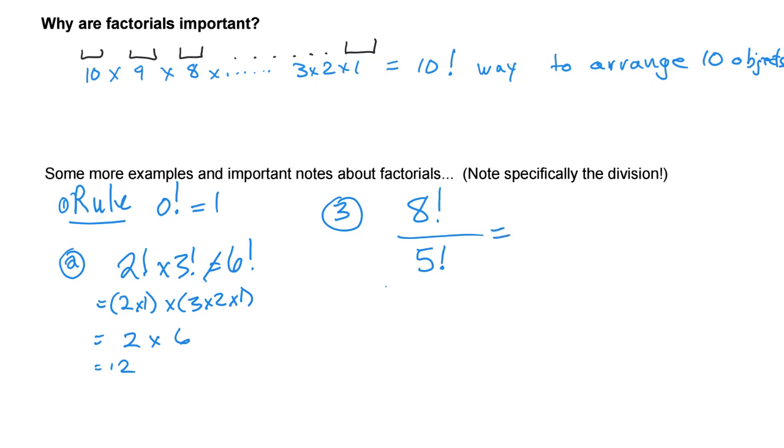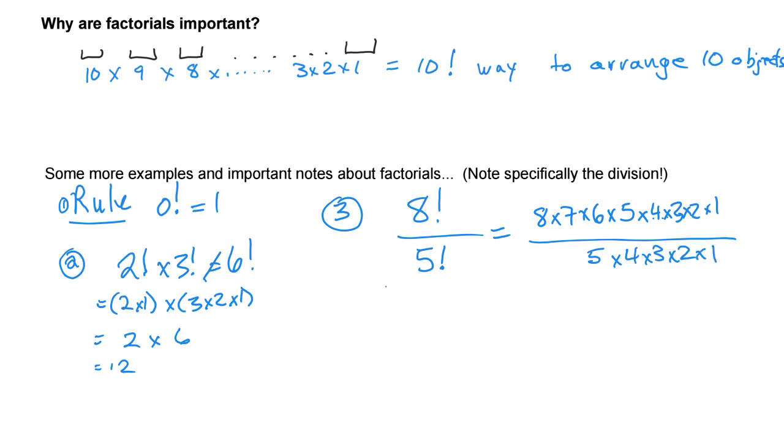Well, 8 factorial divided by 5 factorial is 8 times 7 times 6 times 5 times all the way down to 4 times 3 times 2 times 1, over 5 factorial. And what's 5 factorial equal to? It's just 5 times 4 times 3 times 2 times 1.